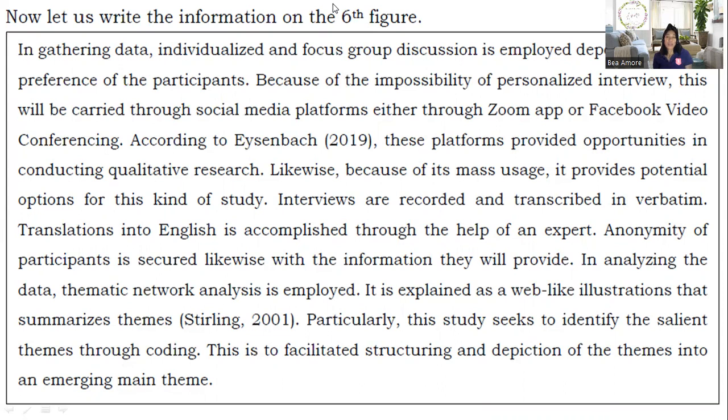Likewise, because of its mass usage, it provides potential options for this kind of study. Interviews are recorded and transcribed verbatim. Translation into English is accomplished through the help of an expert. Anonymity of participants is secured, likewise with the information they will provide.